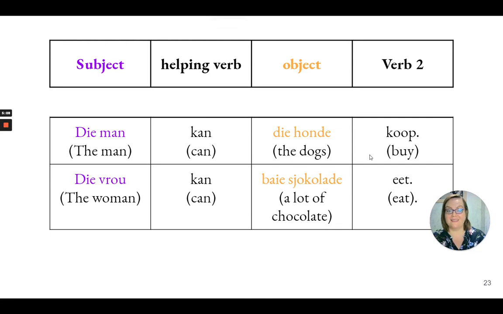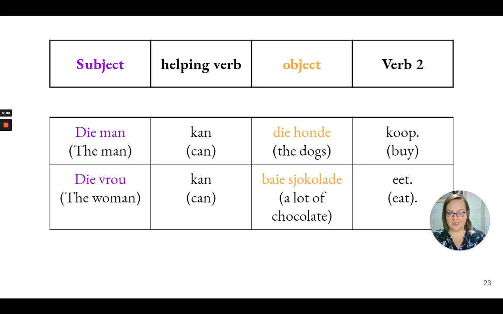Let's look at kan. Die man kan die honde koop. Die vrou kan baie sjokolade eet. Okay, so kan is your verb there, and it shifts the main verb to the end of the sentence, koop and eet. Whatever the context is, die man kan die honde koop.